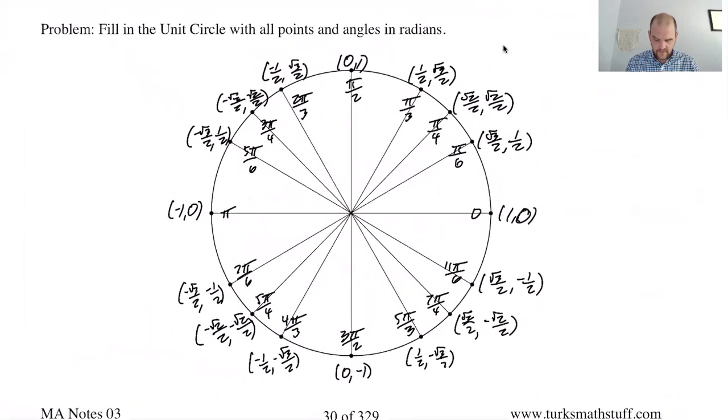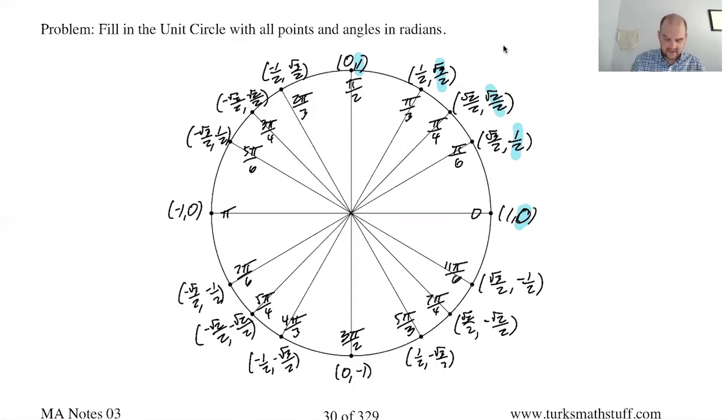Sine starts at 0, because it's the y-coordinate, so we're just focused on the y-coordinate. 0 goes to 1/2, root 2 over 2, root 3 over 2, 1. If the period of sine was just pi over 2, the next value that we get would be 0. And then we would get 1/2 again, root 2 over 2 again, root 3 over 2, and then 1. Then we go back to 0.